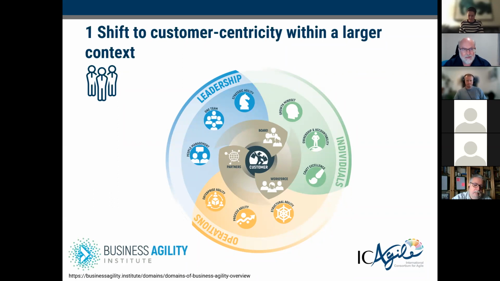And one of the things that we look at is that wider domain. So we empathize and serve the customer in a larger social and environmental context. Everyone in the organization needs a clear line of sight to the customer, the organization's vision, and this larger context.